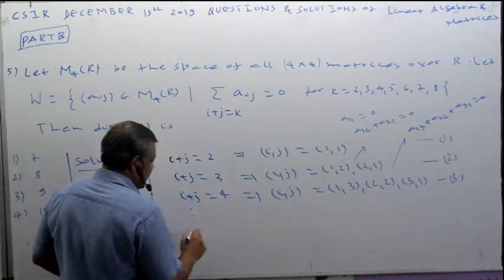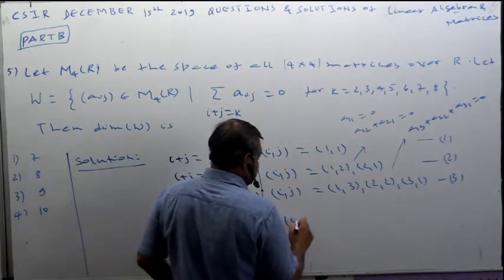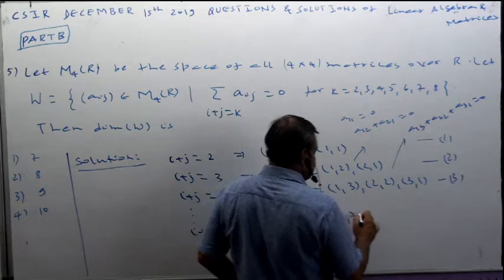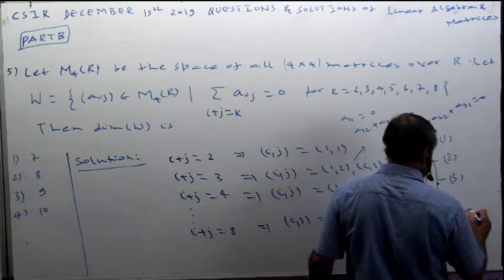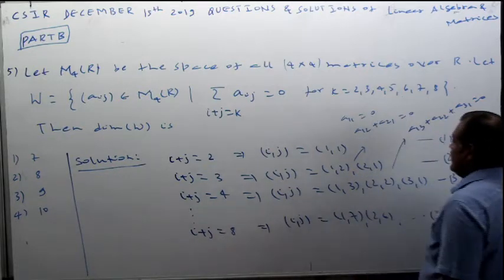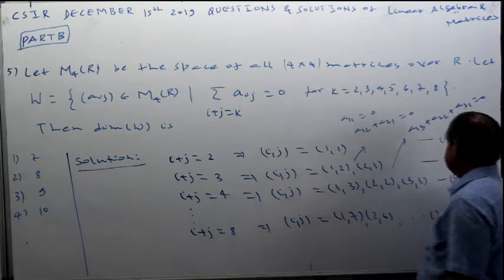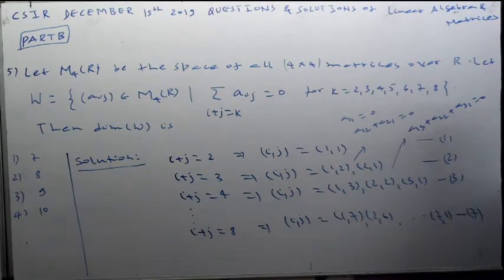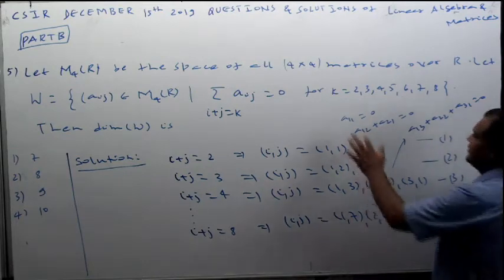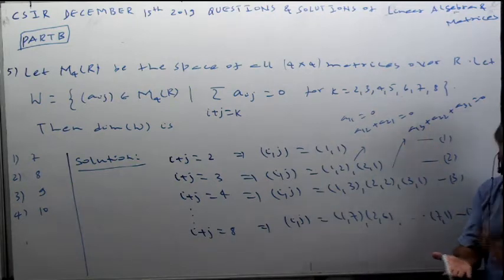And how many times you will write in examination hall? Do not waste your time, please. i plus j equals to 8 means ij will take value 1,7, 2,6, up to 7,1. How many cases? 7 cases. Are you happy with this? So we have equation number 1, equation number 2, equation number 3, and last will give you equation number 7.